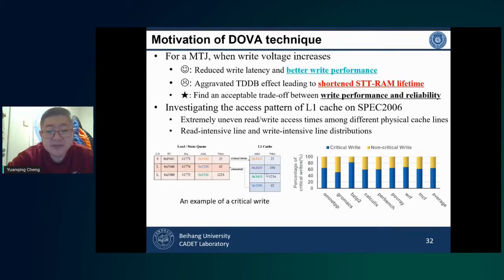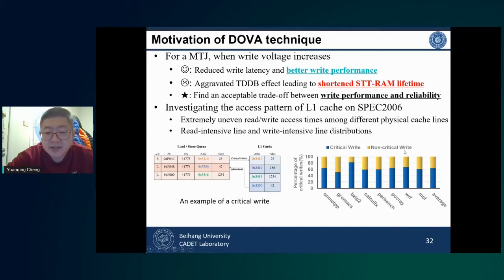execution performance. But by evaluating many kinds of benchmarks, we observe that the critical write only occupies a fraction of the total memory accesses. There is also a large fraction of non-critical writes.